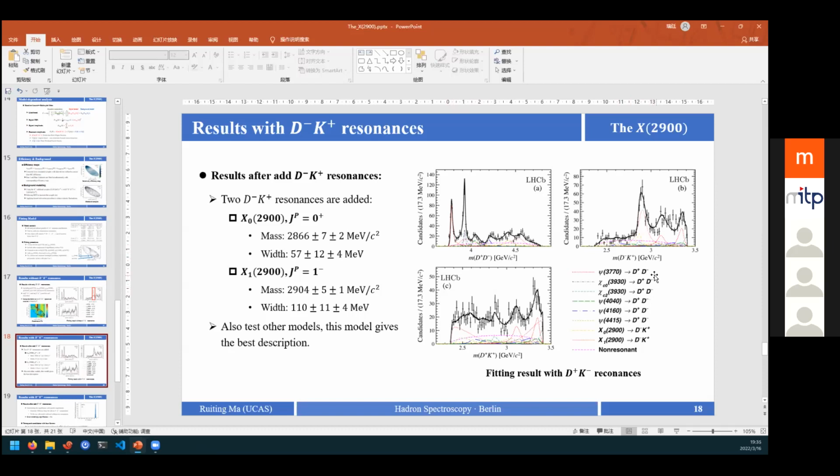In this case, related to Alohi's request, the scalar might not be that copiously produced in comparison with the psi, for instance 3770. I don't know the answer, or do you know from your side why this is?